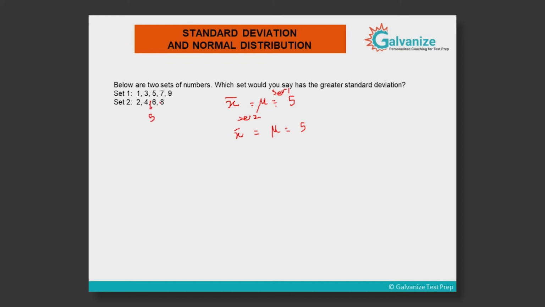Now, as I told you, standard deviation measures how much the data set is deviated from 5. So mean is 5 in both the cases. As you can see, let's look at the first two values. There is a 1 unit difference: 1 unit below is 4, 1 unit above is 6. But in the first set, there is a 2 units difference between 3 and 5 and 7 and 5. Right?